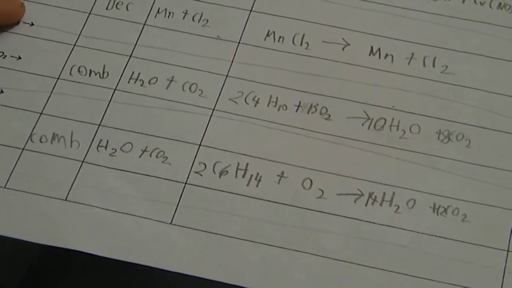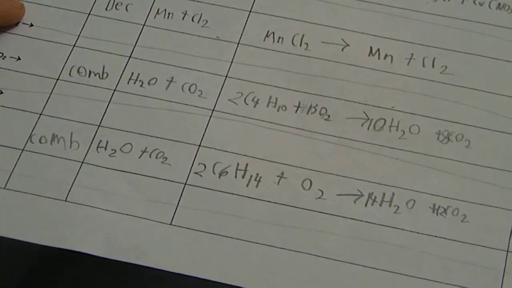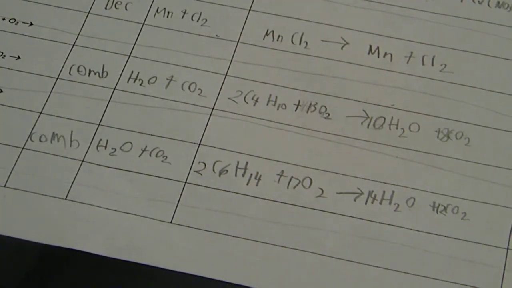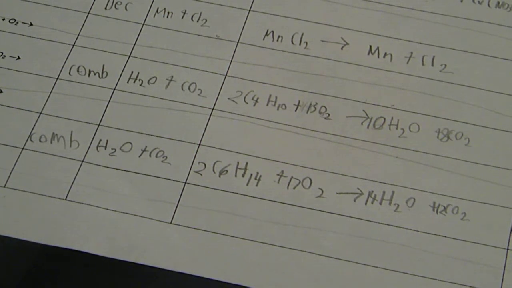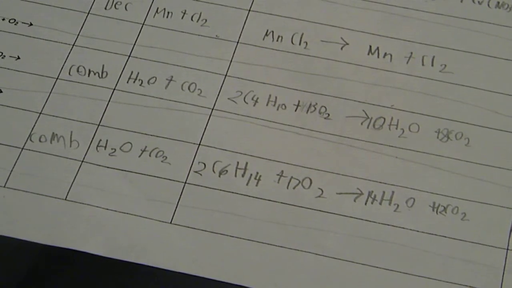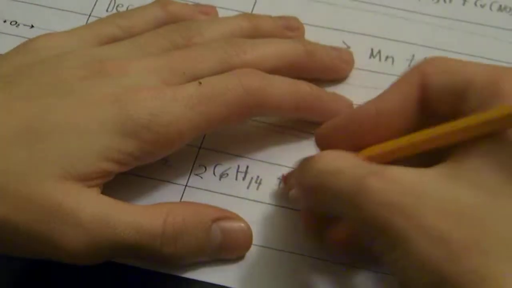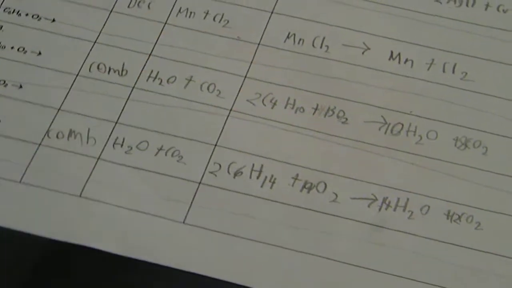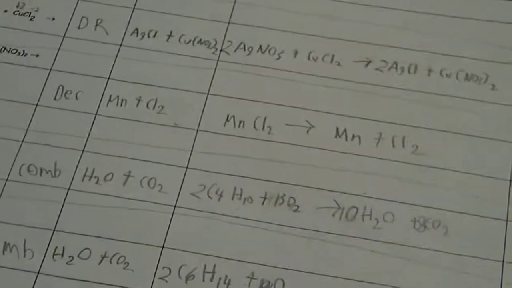So we're going to have 17 O2s, because that would give us 38. Just kidding. We're going to have 19 O2s to give us 38. And that's it.